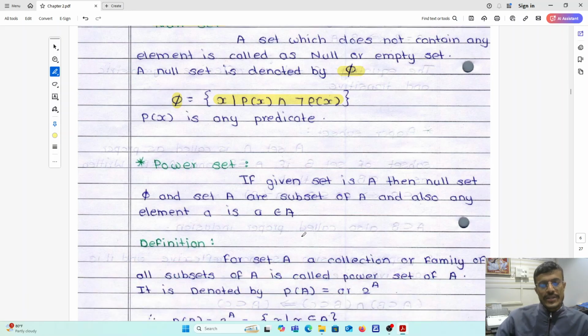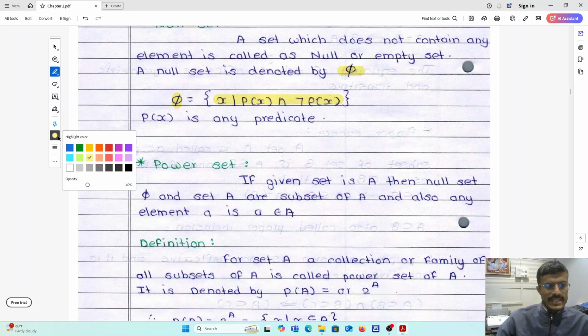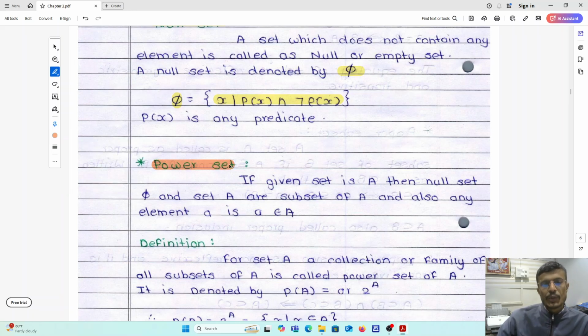Then what is meant by power set? For example, let us consider A is a set given to you, which contains two elements, 1 and 2. Then what will be the power set of that particular A? Power set is all the possible subsets made up of the elements in the existing set.